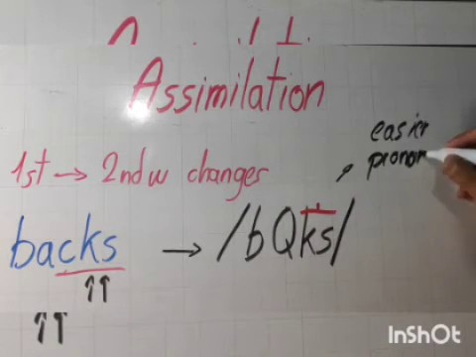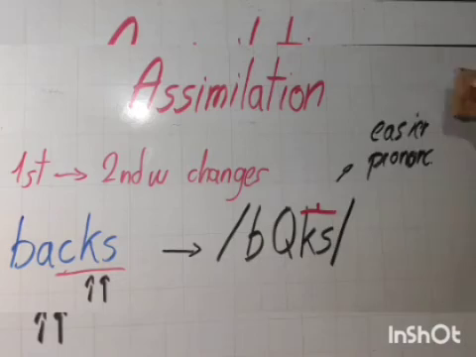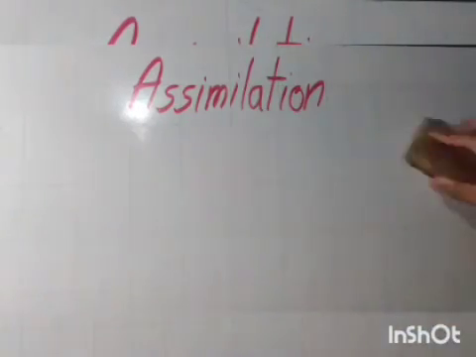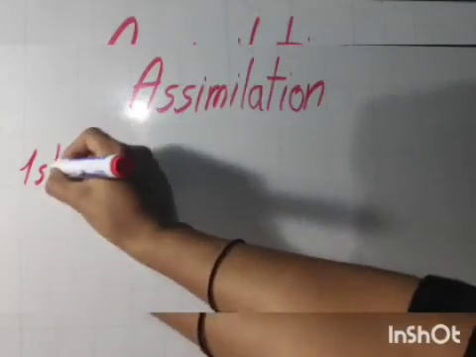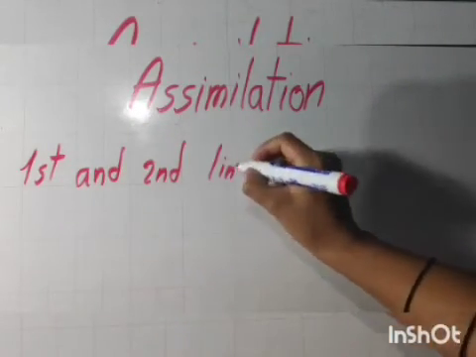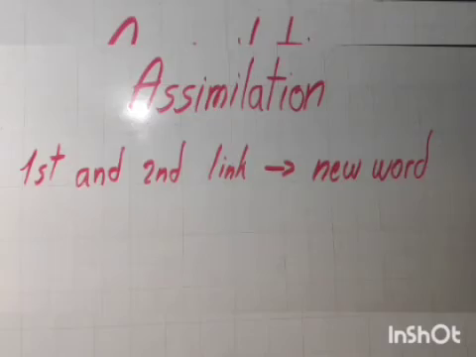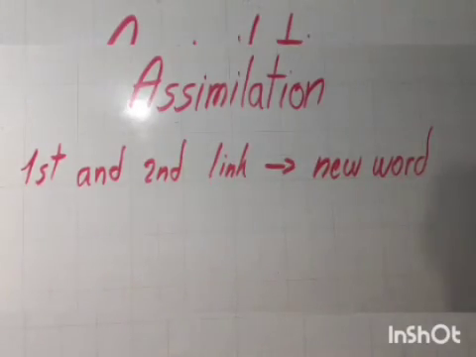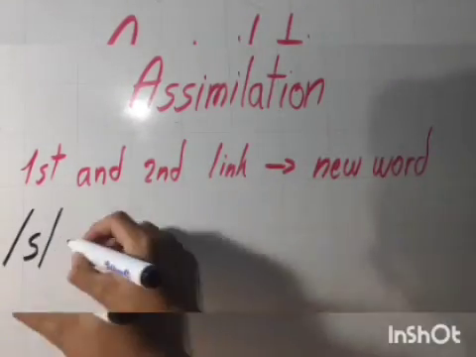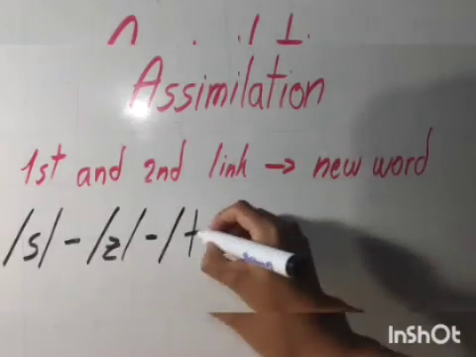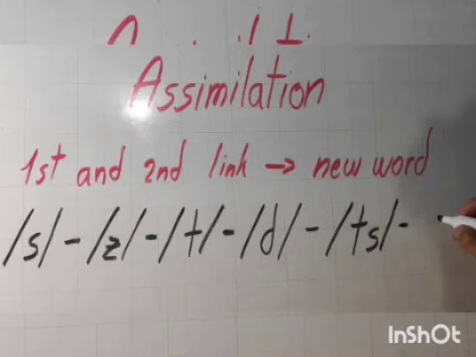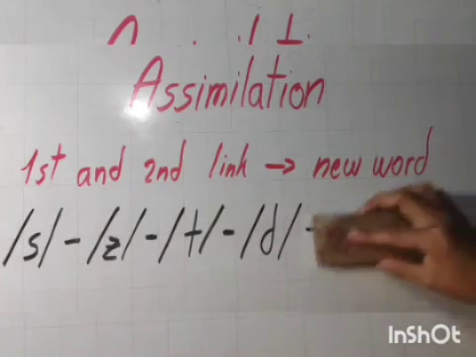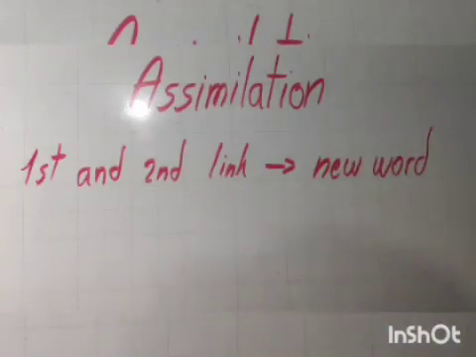And finally, we have the third case of assimilation where the first and second words blend to make a new word. We have the sounds S, Z, T, D, T, and Z. But we have to take into account the beginning of the next word, that in this case is a Y sound.